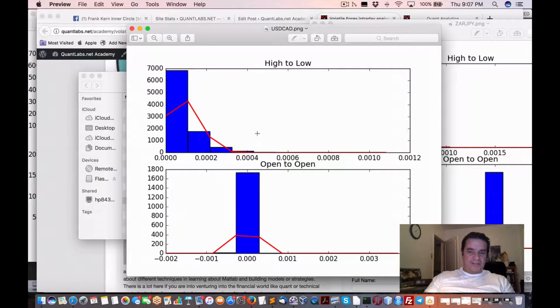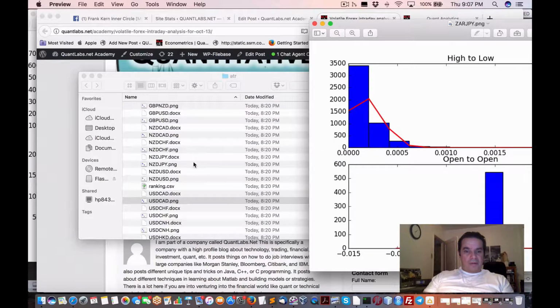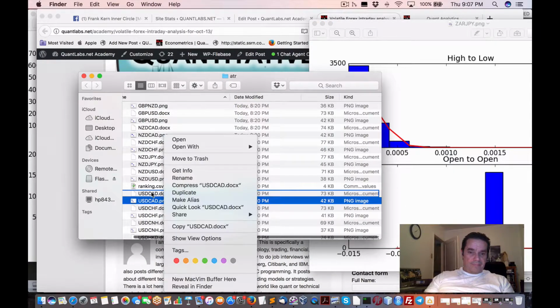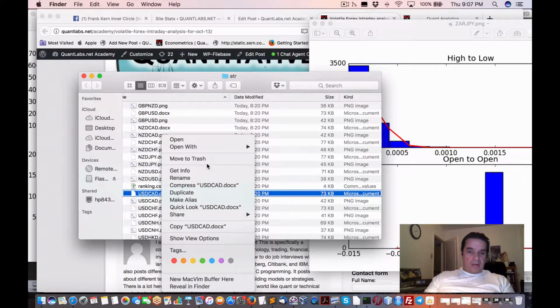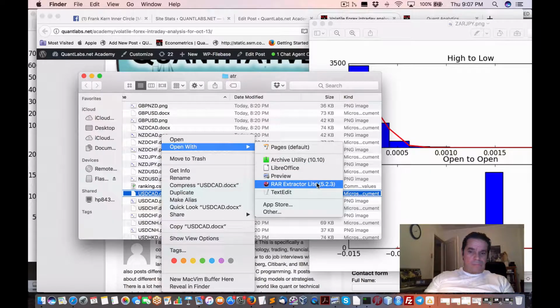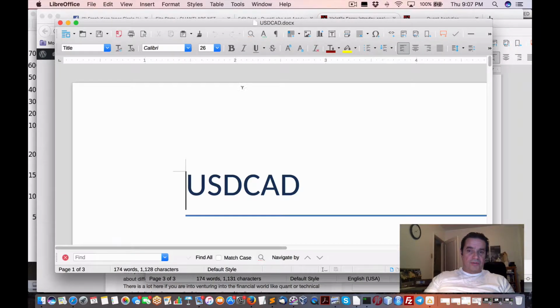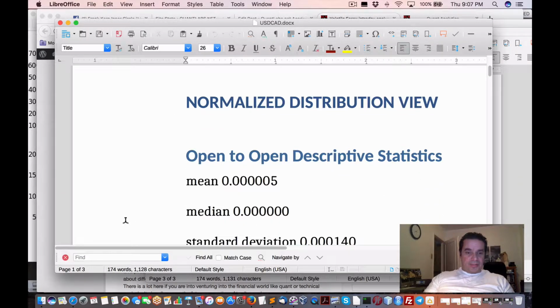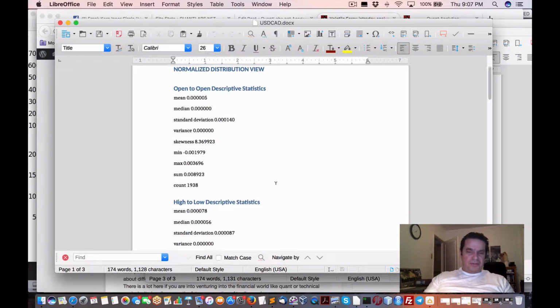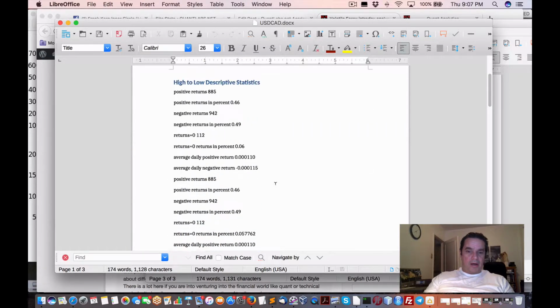So here we can see the distribution over the last day of the high to low and open to open bars, and the bars are measured on 1 minute data. With the associated Word document, I've created a file that you can download here, and it includes some interesting data that you can use to forecast your own trading, but it's all, again, automated.